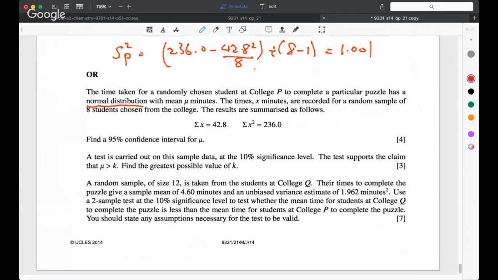And the confidence interval will just be 42.8 over 8 plus or minus t times the square root of the unbiased estimate for population variance, SP squared, over 8.